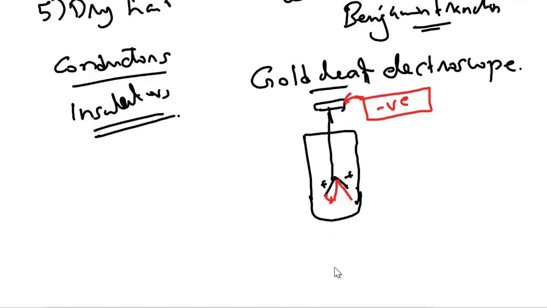Instead of this negative charge, if I had kept a positive charge over there, what would happen? If I keep one more positive charge near it, the deviation will increase. Since the deviation is increasing, we can understand that it is a positive charge. Okay, clear? So the gold leaf electroscope is used for finding out these charges.